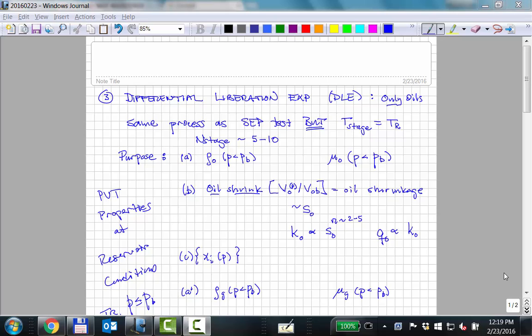Okay. Then we got started on the differential liberation experiment, which is the main test for oils, reservoir oils.